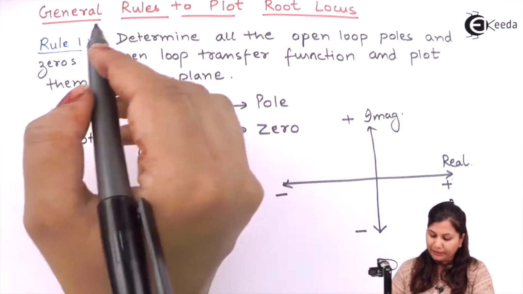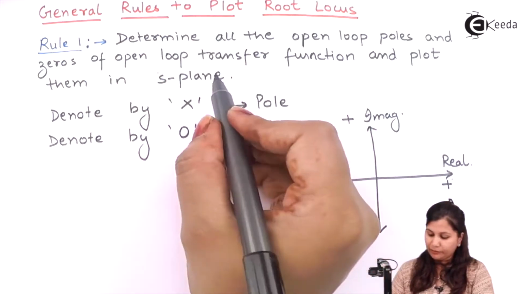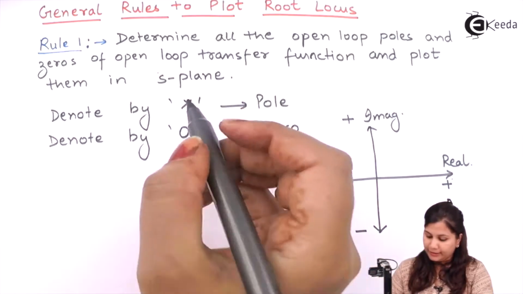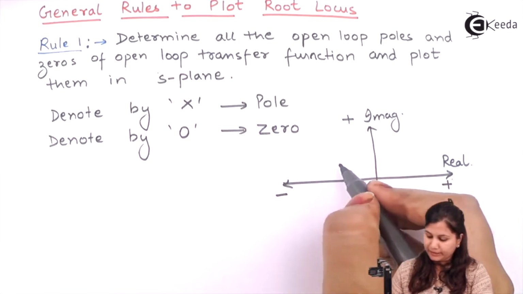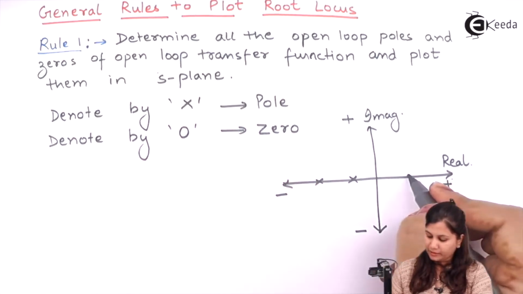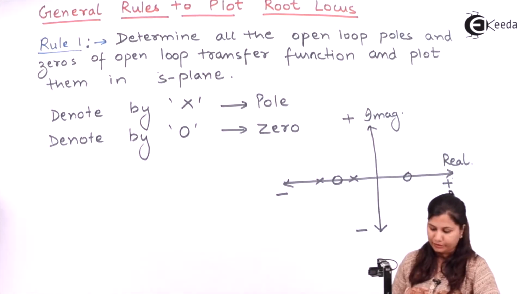So we have obtained the poles and zeros in the first step, and then we will plot them on this S-plane. The pole is represented by a cross sign, and the zero is represented by a circle. Okay, so this was all about the first step.